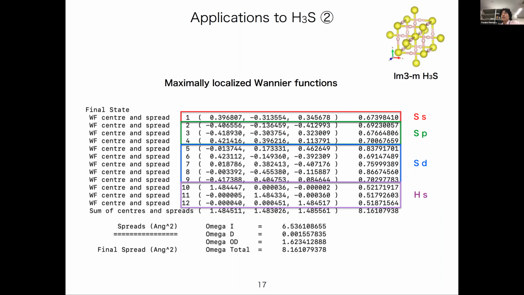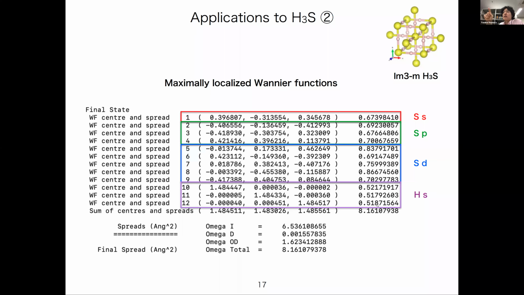But again, as I already said, the total spread should be smaller or the same as the symmetry-adapted case. In this case, the total spread is smaller than the symmetry-adapted Wannier function.